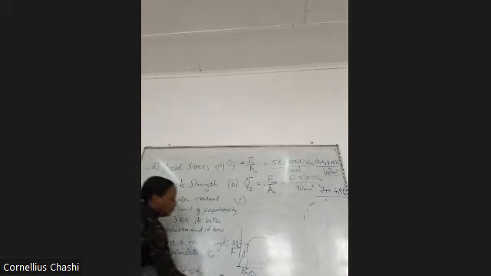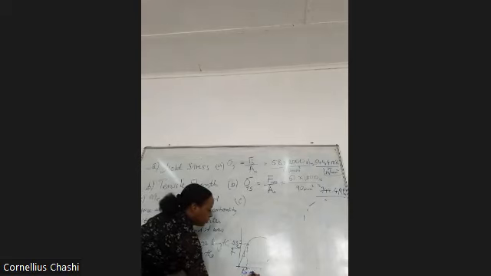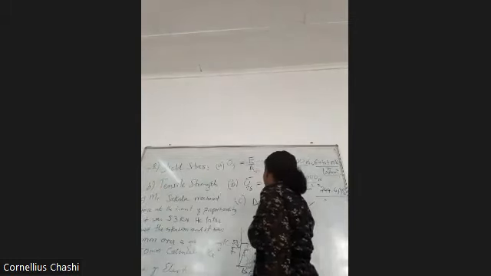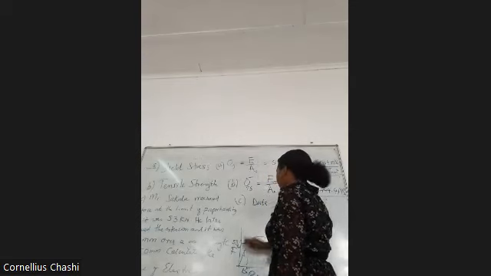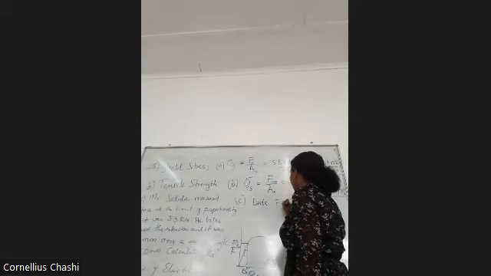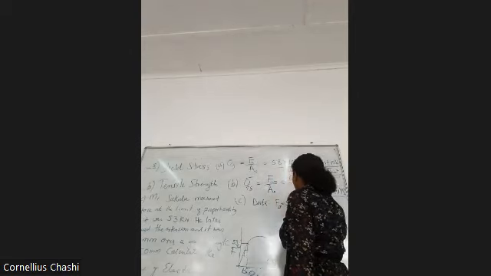0.12, over a gauge length of 50 millimeters. This is the original length. Calculate the modulus of elasticity. So what's the data? F at the limit of proportionality is equal to 53 kN.